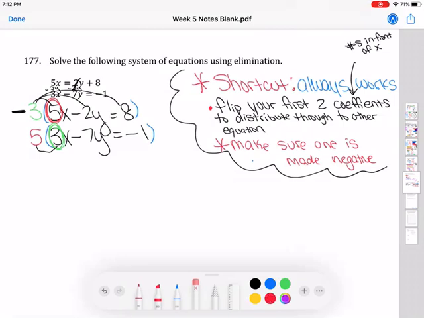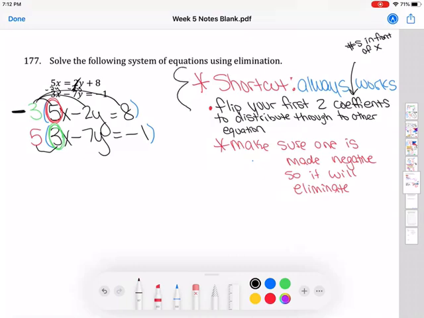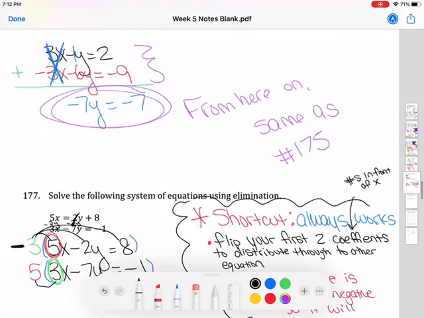The whole reason that one of them needs to be negative is so that it cancels. Hard to put into words. I hope that kind of helps you. We'll do a bunch more examples like this so you get a better idea of the process of the shortcut.